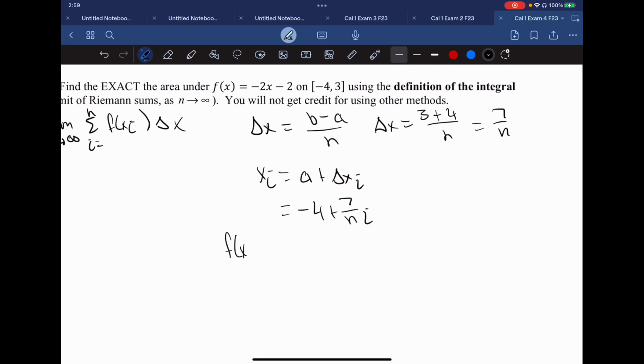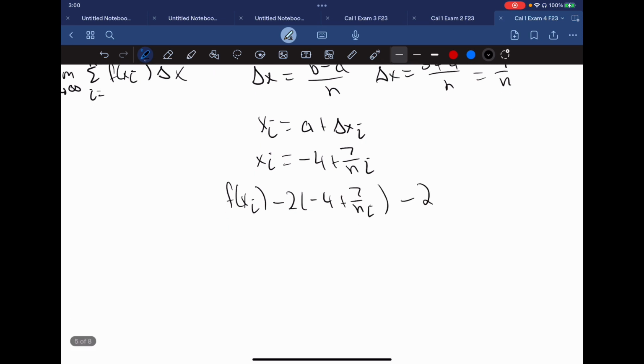Now, f of x i, we're going to put it anywhere we see x in f of x, right? So negative 2 times negative 4 plus 7 i over n, minus 2, right? So now let's distribute this out. This is going to be 8 minus 14 i over n, right? And then this is going to be minus 2. And then let's combine like terms. 6 minus 14 i over n.